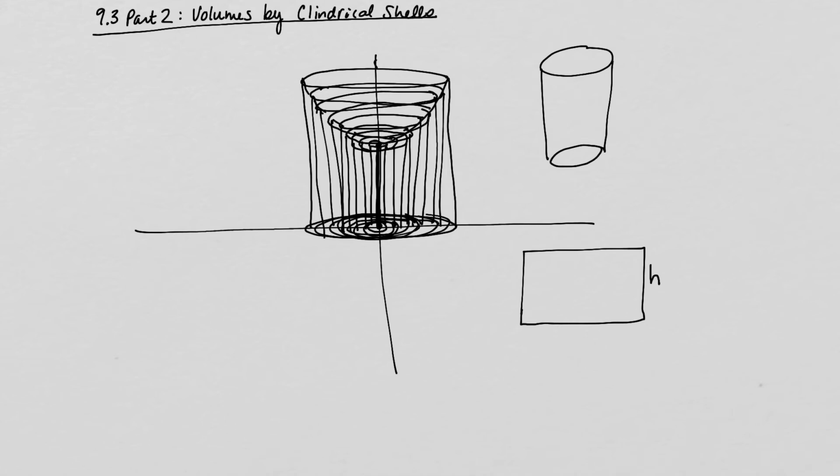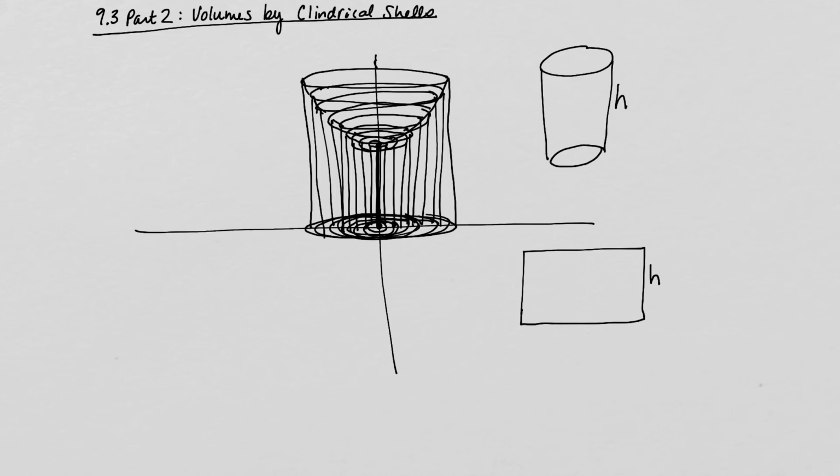Okay, so the height of the rectangle is the same as the height of the cylinder. And when I take my rectangular piece of paper and roll it into a cylinder, the length of the rectangle becomes what of the circle on the end of the cylinder?